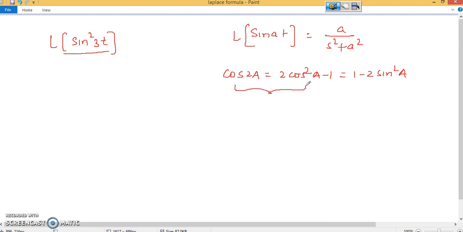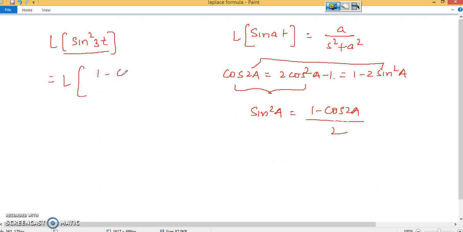Whenever cos square is there, you can write 1 plus cos 2a by 2, converting it into the compound angle, and whenever sin square is there you can use the other one. So sin square of a is equal to 1 minus cos 2a by 2. Similarly here sin square 3t is given, so I can write 1 minus cos of 6t by 2.